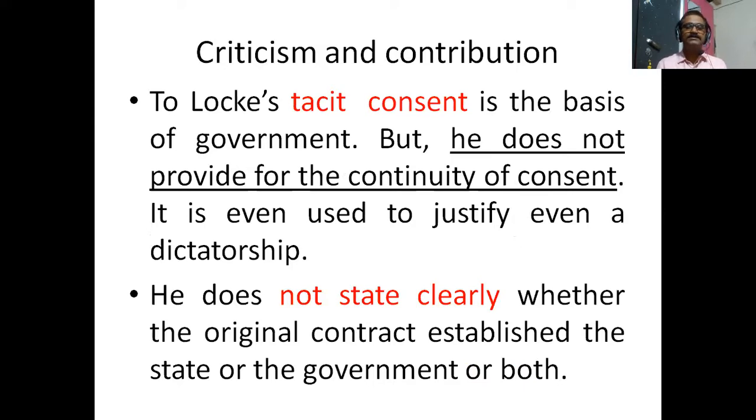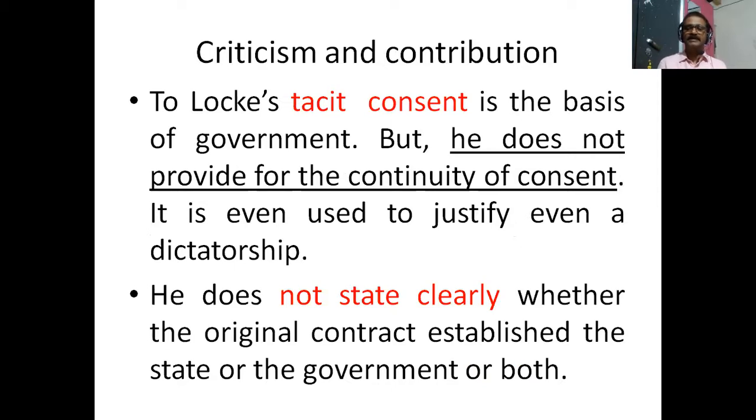To Locke, tacit consent is the basis of government, but he does not provide for the continuity of consent. So he says that government is created out of consent, but how long that consent will be in force, he has not mentioned.